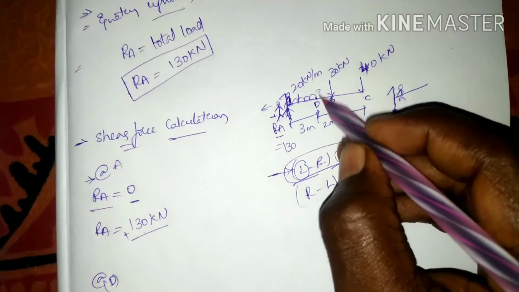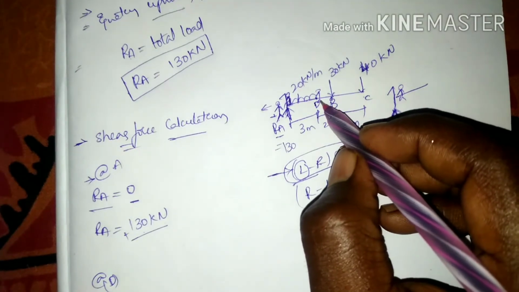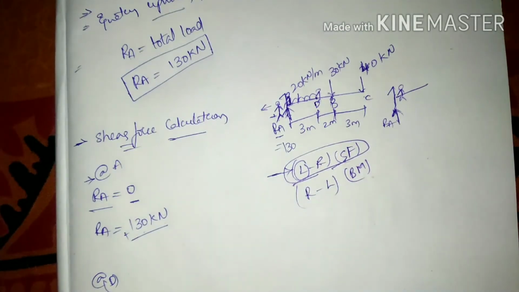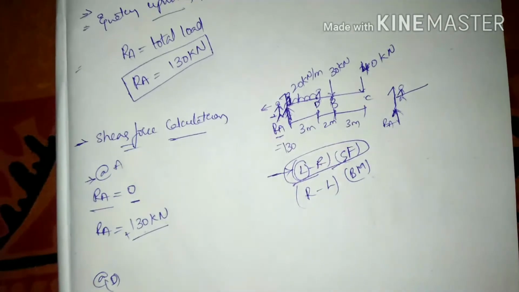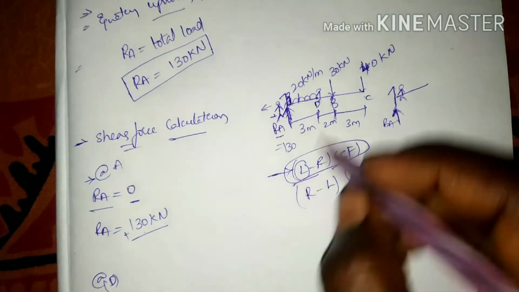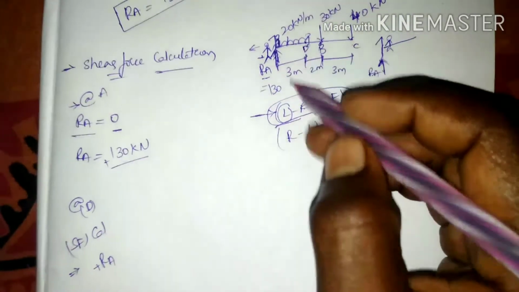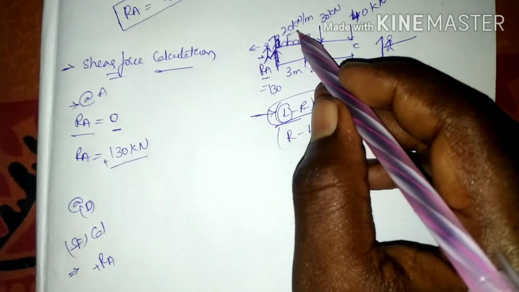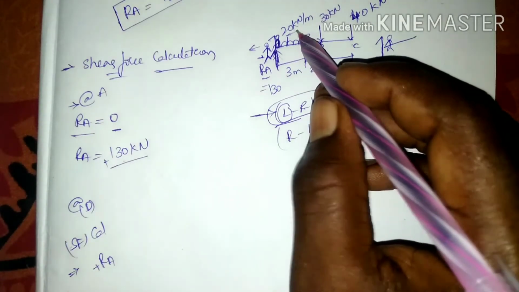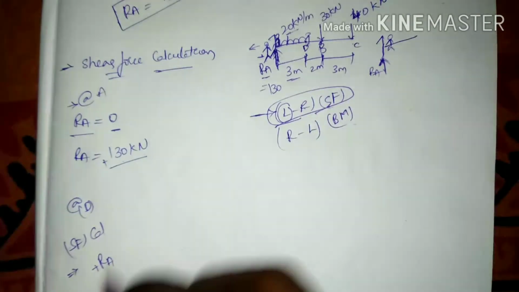If you stand just right of D after the UDL, you are going to find a reaction in the upward direction, that is RA, which is positive because it is upward, and a UDL acting in the downward direction with a magnitude of 20 kilonewton per meter and a span of 3 meters.